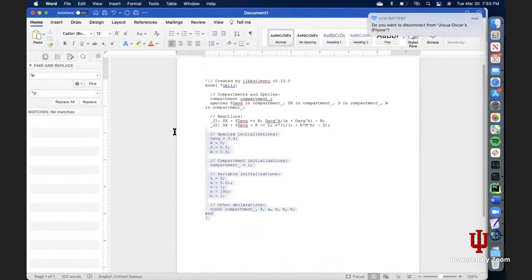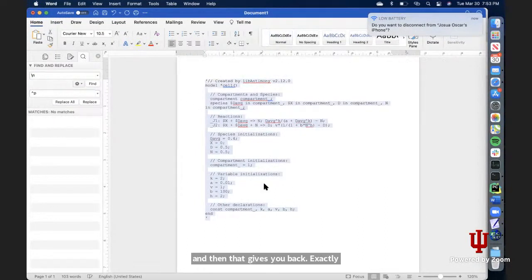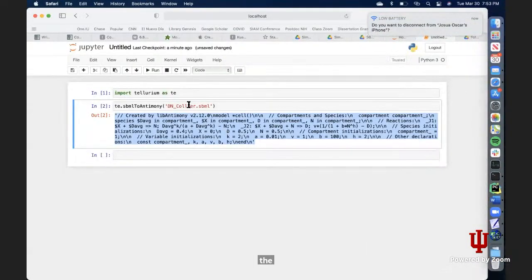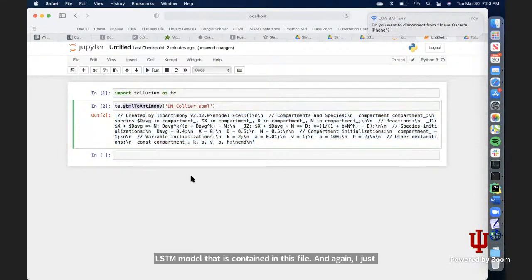That gives you back exactly the model that James shared earlier, which is the Antimony string that corresponds to the SBML model contained in this file. And again, I just wanted to point out what the syntax of the function is.